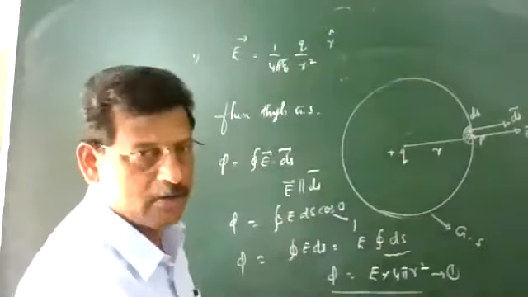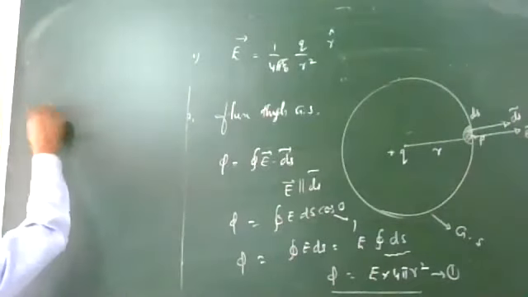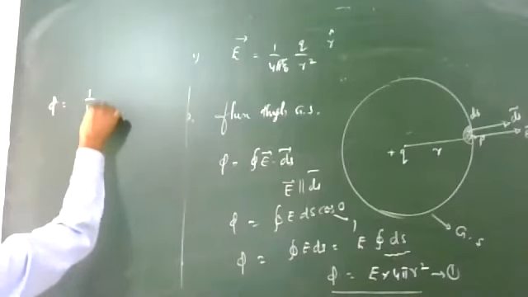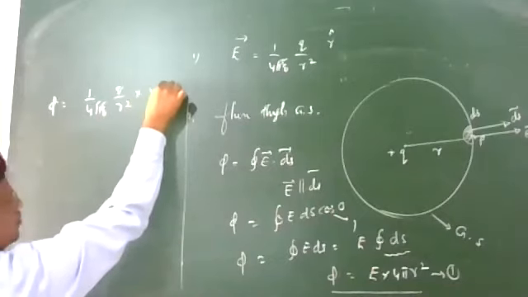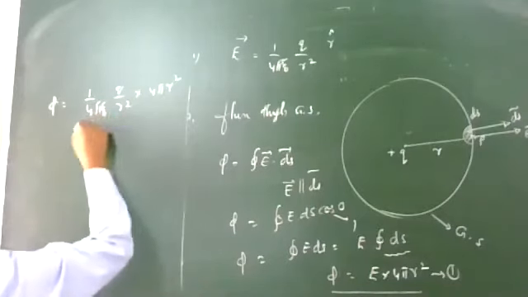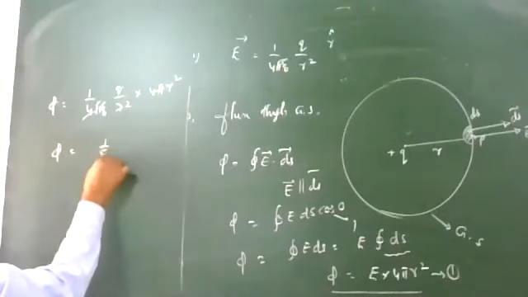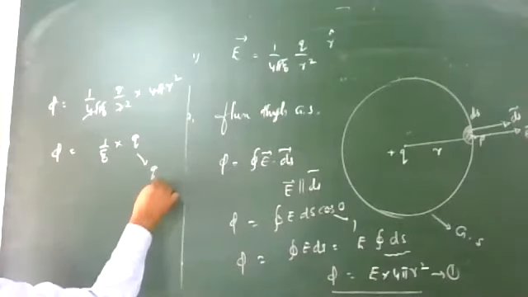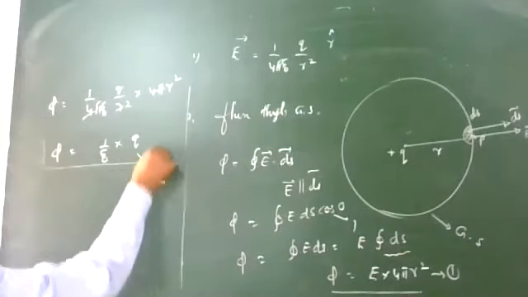So the flux is equal to 1 by 4 pi epsilon 0 divided by r square into 4 pi r square. 4 pi r square cancels, the remaining is 1 by epsilon 0 into q, where q is the total charge which is inside this closed surface. So phi is equal to 1 by epsilon 0 q. We are getting the answer.